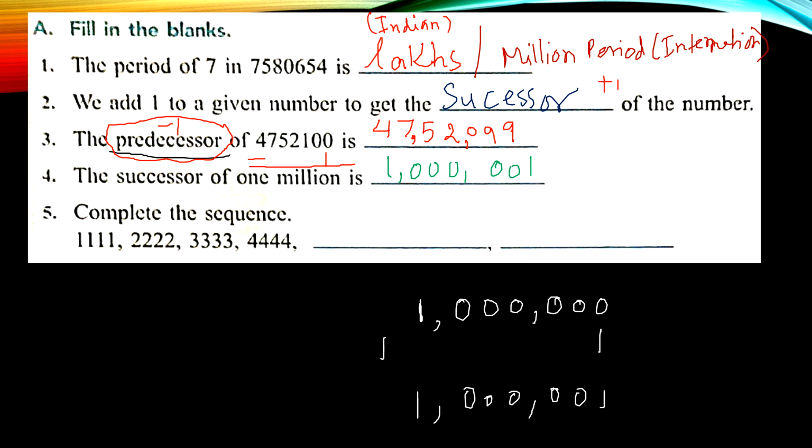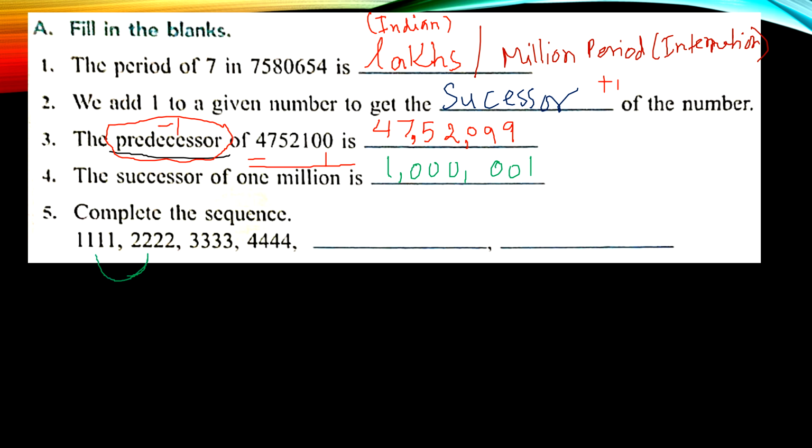Next question is complete the sequence. Whenever you have to complete the sequence with this kind of number, first find out the skip count, the rate, like how they are increasing, whether it is plus 10, plus 1, or minus 10, minus 100. Here the numbers are increasing to the right, so definitely we are adding. To find what we are adding, take consecutive numbers, one after another.